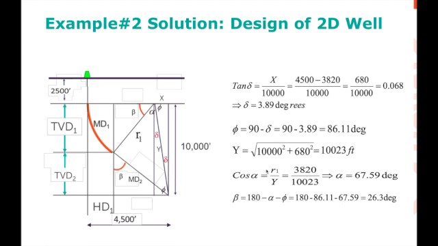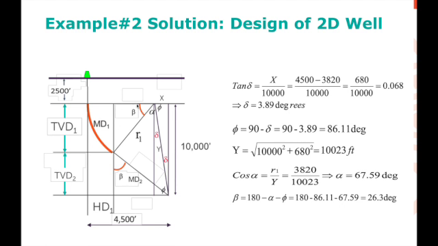So cosine of alpha is R1, which we solved as 3,820, over y, the hypotenuse, which we solved as 10,023. So the inverse cosine of that value would give us the value for angle alpha, which is 67.59 degrees.